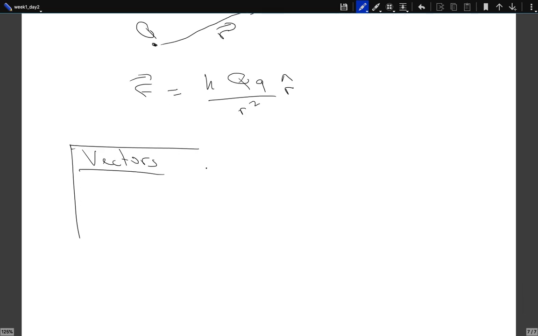What we mean by a vector is a number, which we call the magnitude, and direction. So if we want to write down quantities that should have a direction, like forces, it's unavoidable that we use vectors.